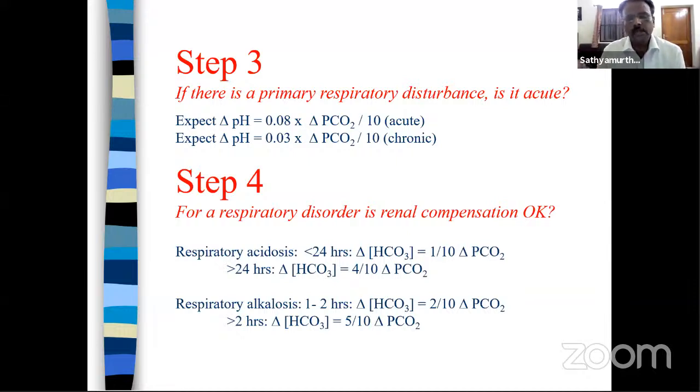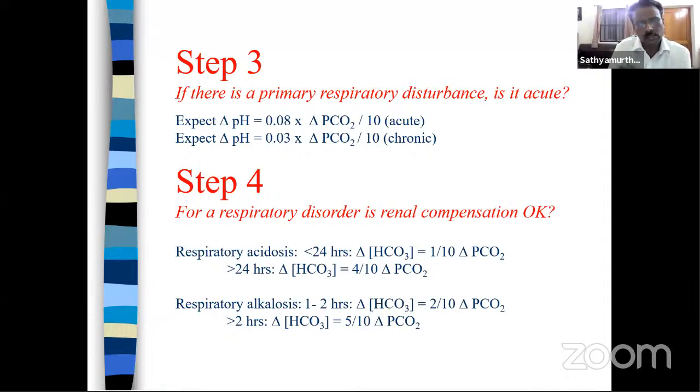So 10 divided by 10 is 1, and 0.08 into 1 is 0.08. So 7.40 minus 0.08 will be my expected pH. Similarly, the expected delta pH in chronic is 0.03 into delta PCO2 divided by 10. When I do a few ABGs, you'll get a hang of it.